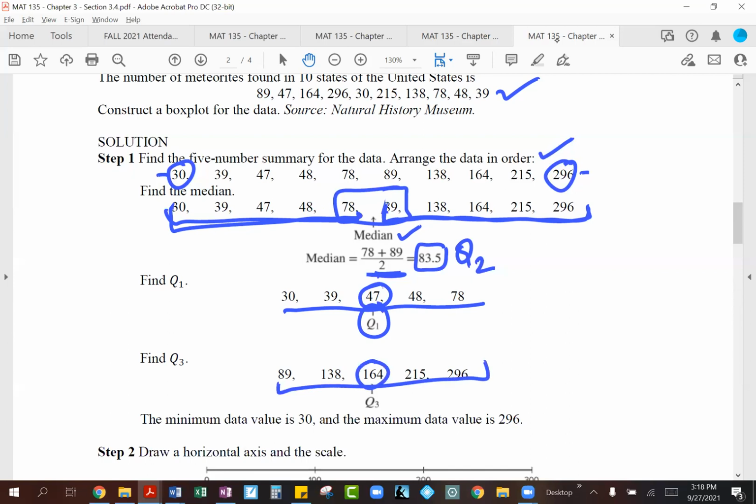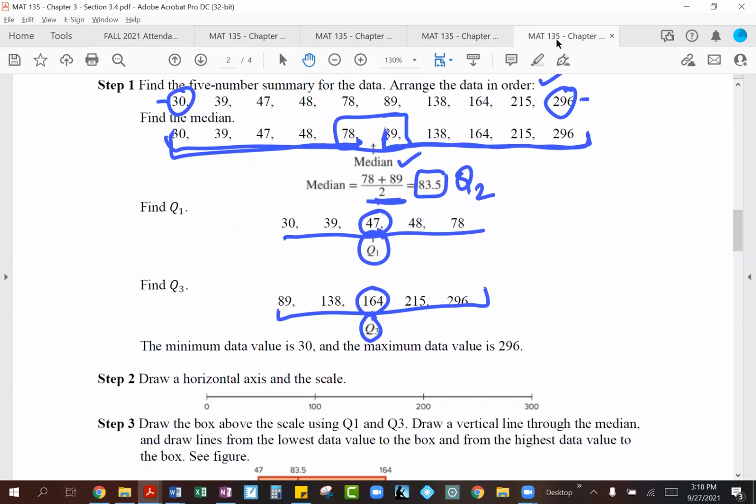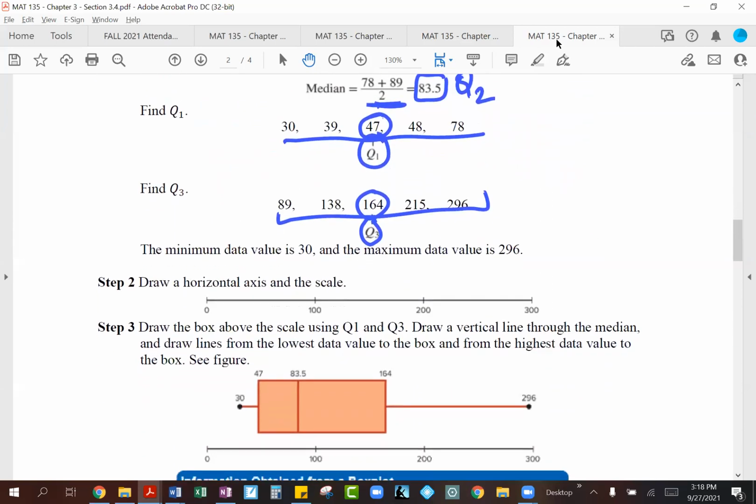Find the centermost position, which is 164, and that's your quartile 3. So literally you are finding the median for the entire data set, and then you take the bottom half and find its median again, which is quartile 1. You take the top half, find its median again, and that's your quartile 3. So that's how we come up with the 3 quartile values.